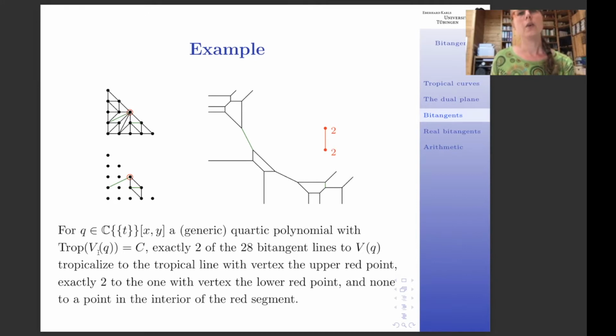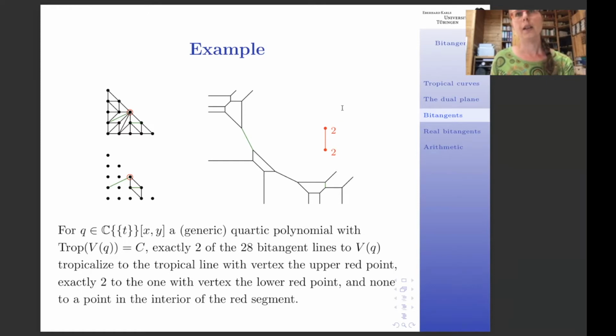And I can also go and tropicalize the bitangent lines. And what will happen? Exactly 2 of the 28 bitangent lines are going to be mapped to this point here. Exactly 2 will be equal to the tropical line that does this here.